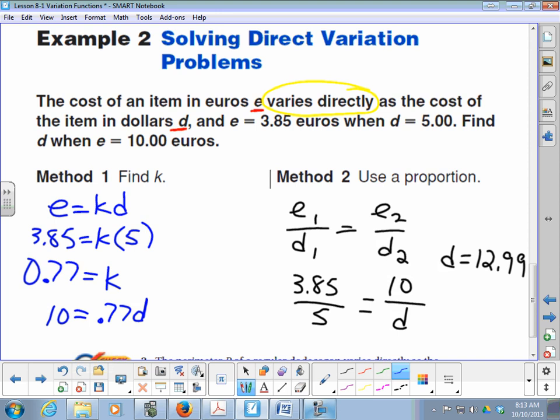Okay. So you have two options for solving direct variation problems. I like the proportion much better just because it's quick and easy for setting up. But the key is we're looking for varies directly. And here they give me three numbers, plug them into the proportion, and I'm able to solve it.